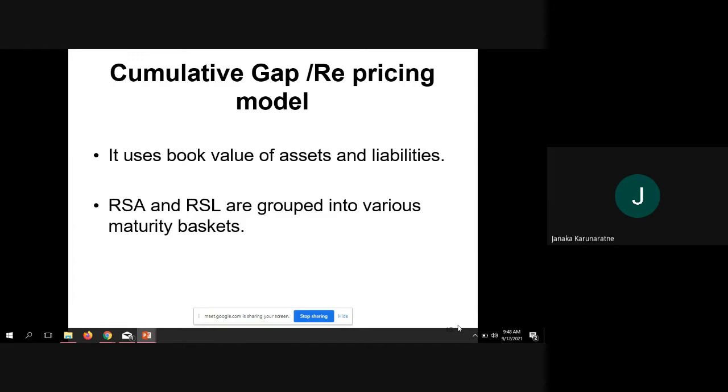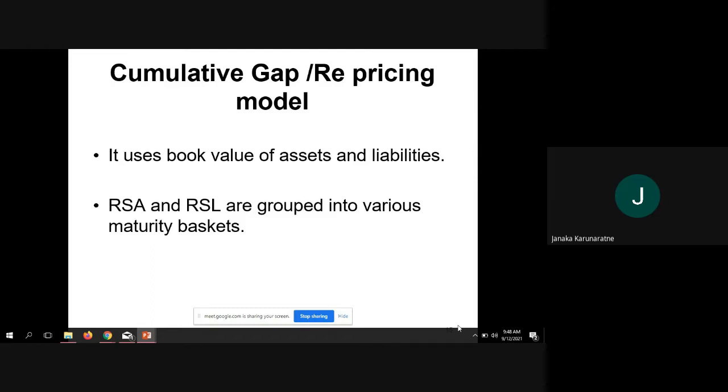There is no complexity. Simply we focus on the book value of assets and liabilities, that is the balance sheet, as at a particular date, and look for future repricing requirements in terms of both assets and liabilities.